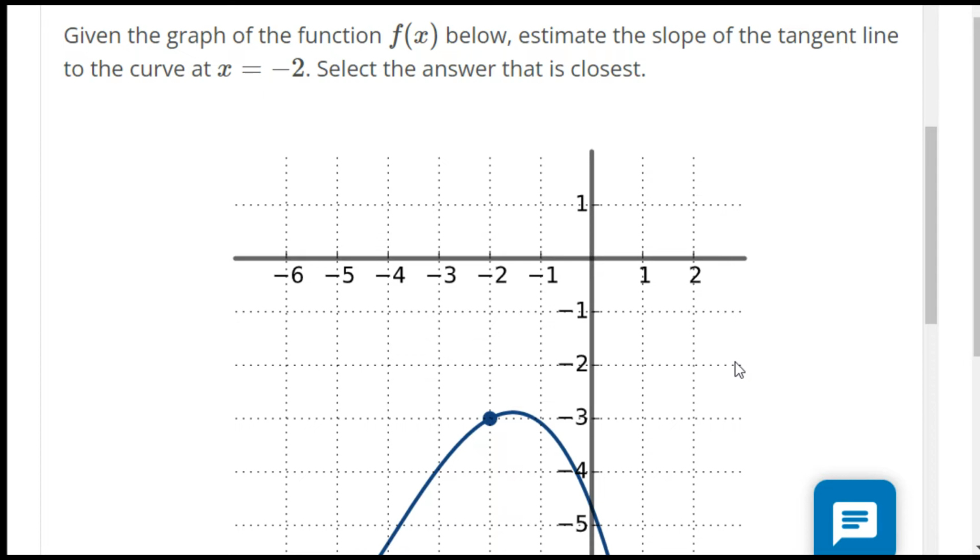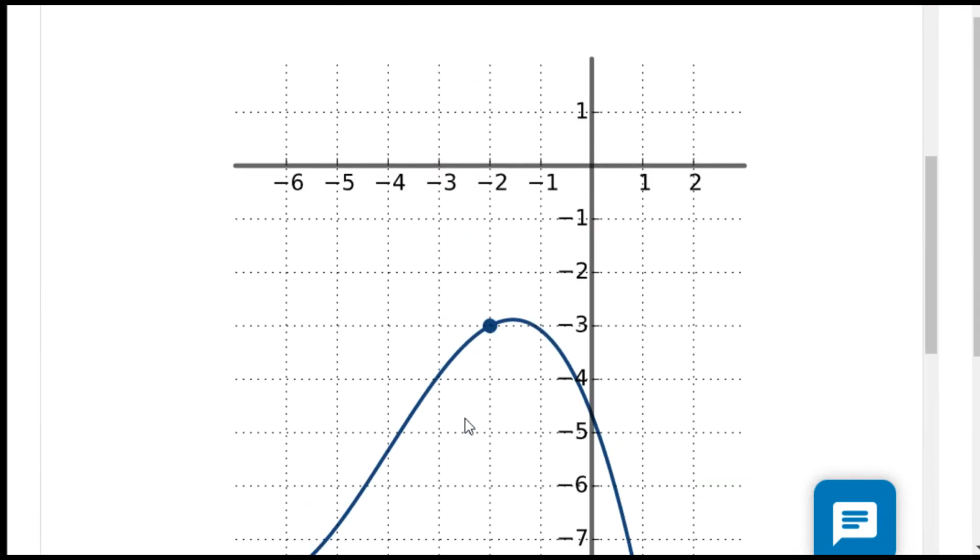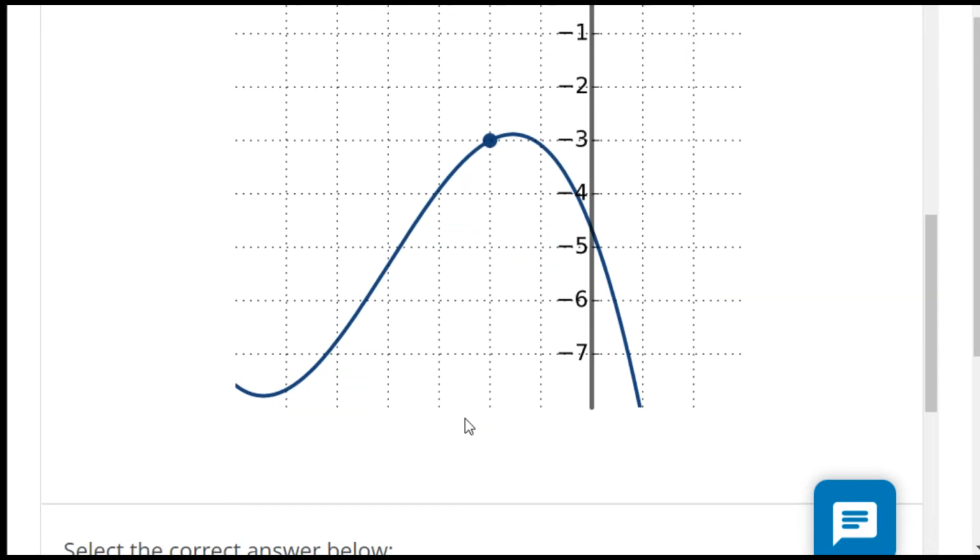Given the graph of the function, estimate the slope of the tangent line to the curve at x equals -2. Oh boy. Let me do this. Let me get a picture of this thing, and then see if we can study it that way. I just want to get a picture of it.